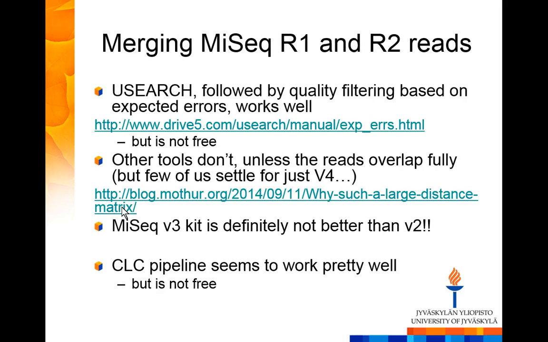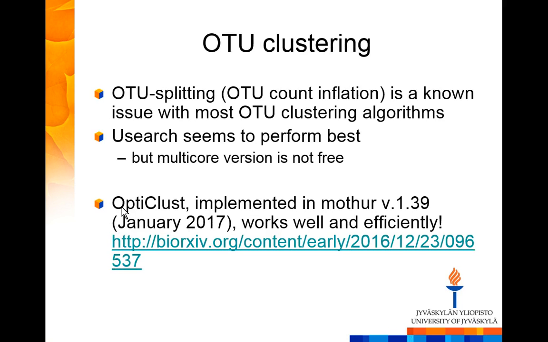You could take 10 sequences, next 10 sequences, next 10 sequences, and merge them. That shouldn't be a problem. So actually that's a way to bypass the paying. But for OTU clustering, you really should do that for your entire data set at once. So there you couldn't use the single core version of USearch.